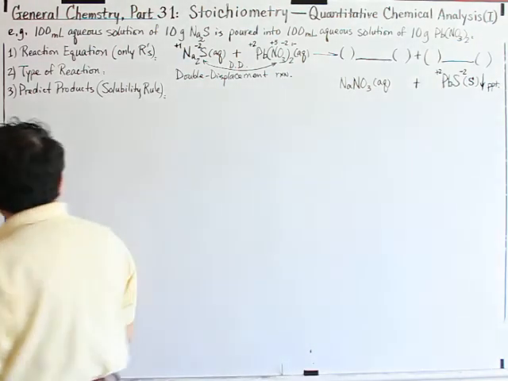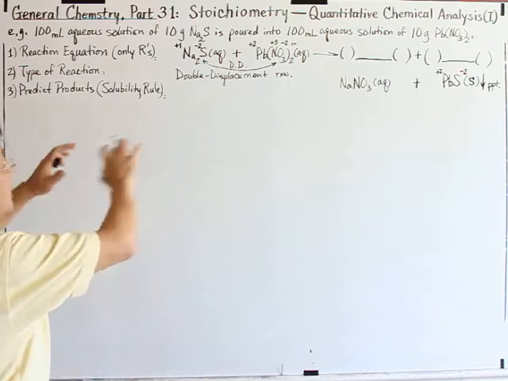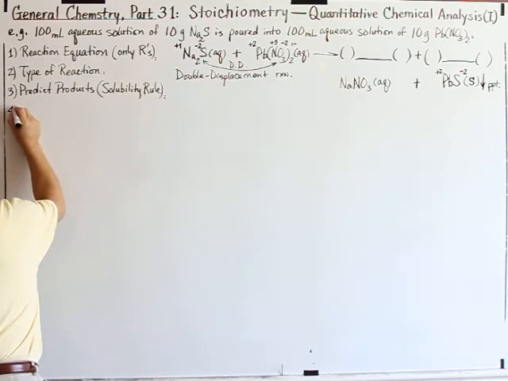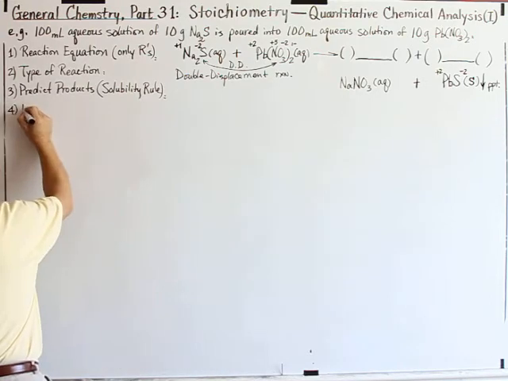Now after you did that, we are able to completely write a chemical reaction equation, right? So number 4, you're going to balance the chemical reaction.